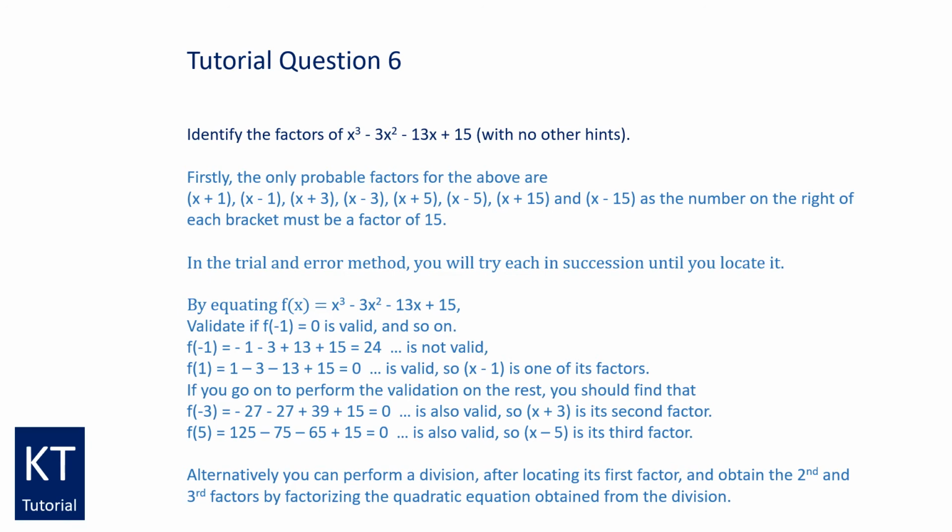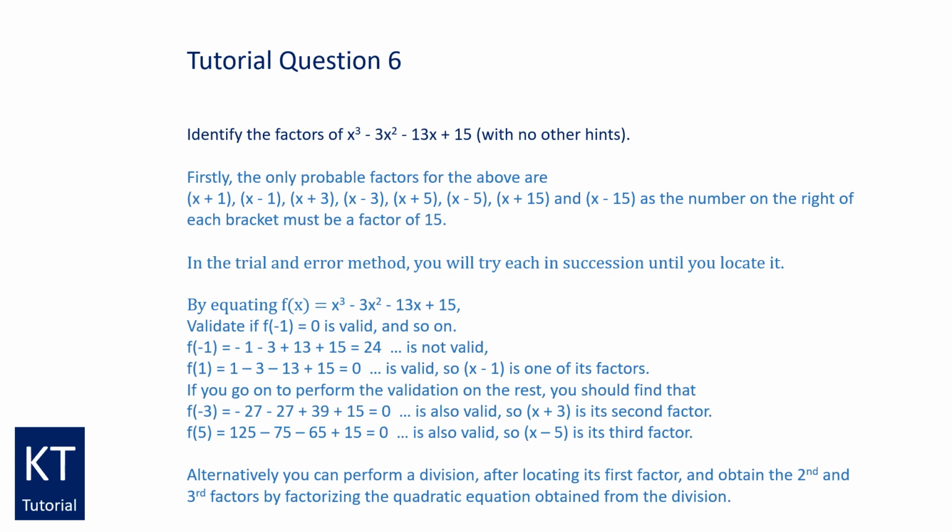This solution being not 0 means that x plus 1 is not a valid factor. Next, I'm going to perform f(1), which in this case is 0, and this directly suggests that x minus 1 is one of its factors.